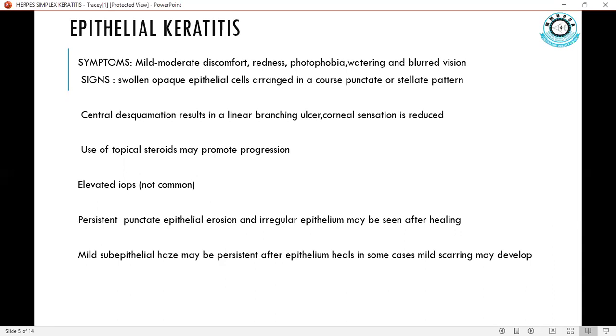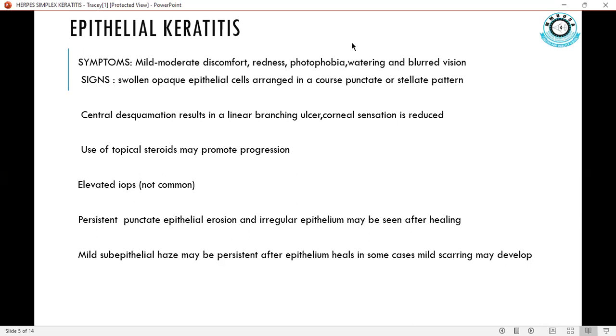And then for the signs, there will be swollen opaque epithelial cells arranged in a punctate pattern. And then there'll be a dendritic ulcer.